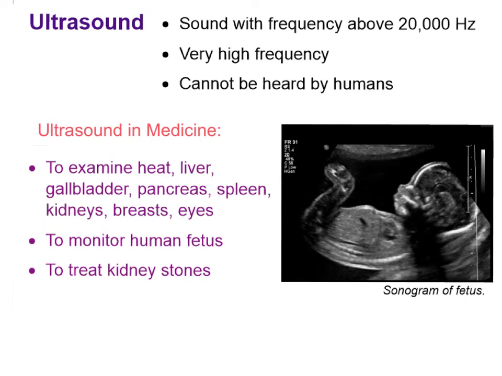So that fetus would be the targeted area for those ultrasonic waves. Then the reflected waves are used to produce electric signals, and a computer program converts the electric signals into video images, and we call those video images sonograms. This is a sonogram of a fetus right there, and that is one way to monitor a human fetus.